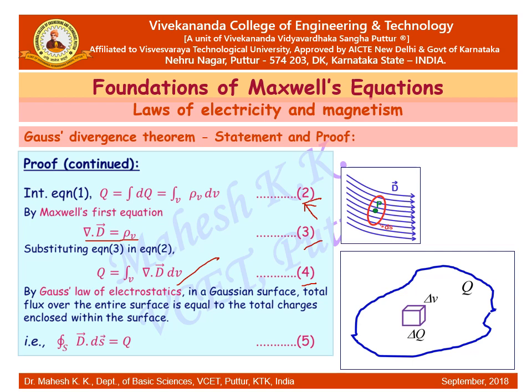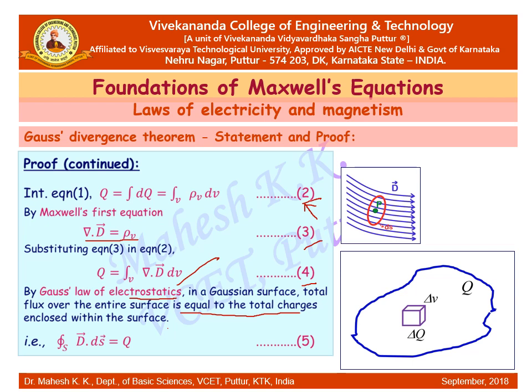By Gauss law of electrostatics, in a Gaussian surface, the total flux over the entire surface is equal to the total charge enclosed within the surface. That also we know.